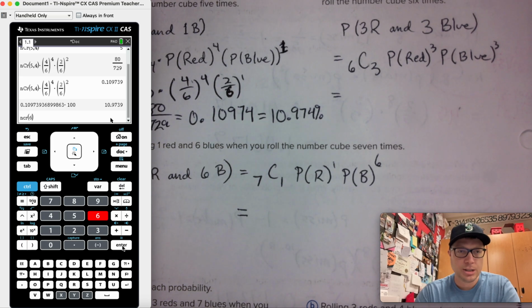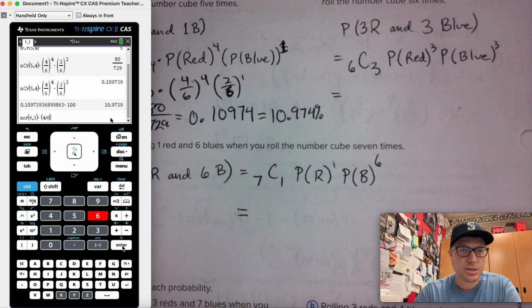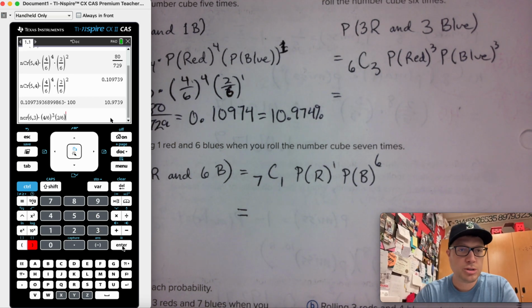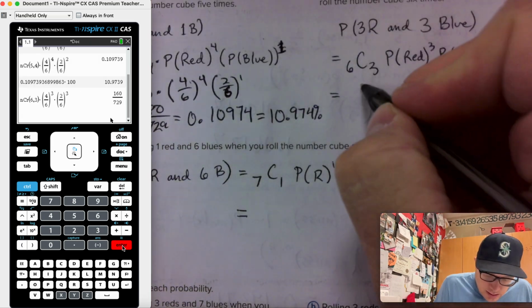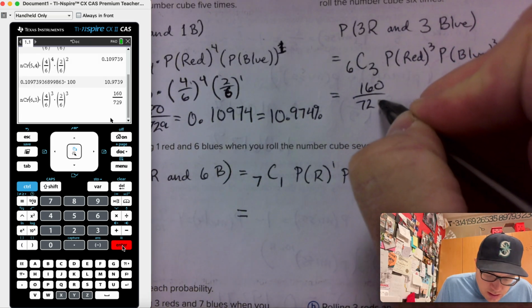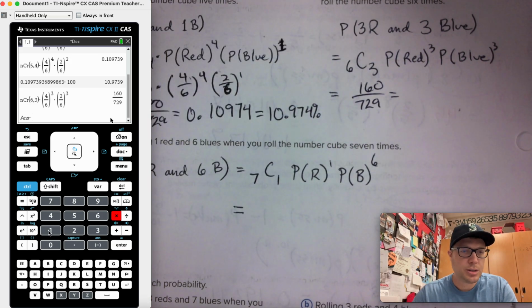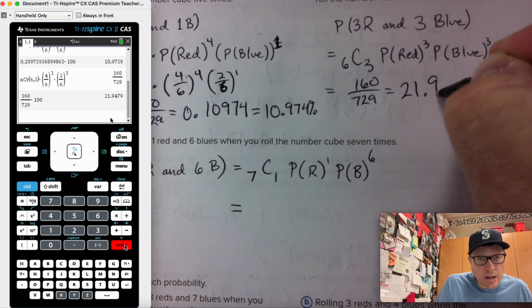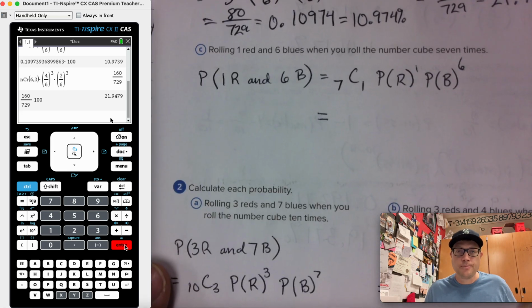NCR 6 choose 3 times the probability of red, 4/6 to the power of 3, times the probability of blue, 2/6 to the power of 3, and I get 160 out of 729, which is times 100, Control Enter, 21.95%. Cool. Okay.